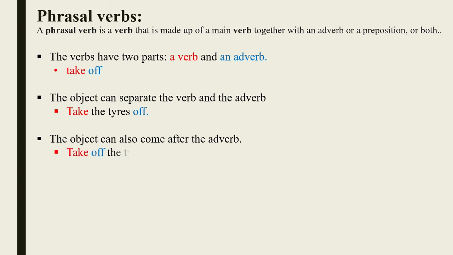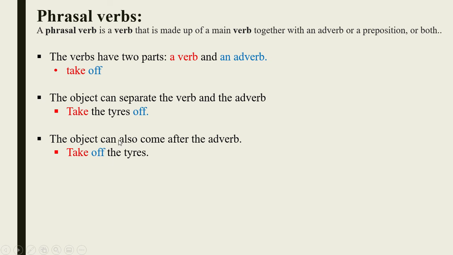For example, take off the tires. So you can see that the object here comes after the adverb. But there is an exception to this one, when the object is a pronoun. Now you can see that here the object, which is tires, is a noun.